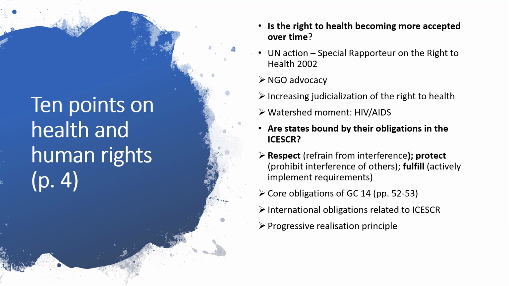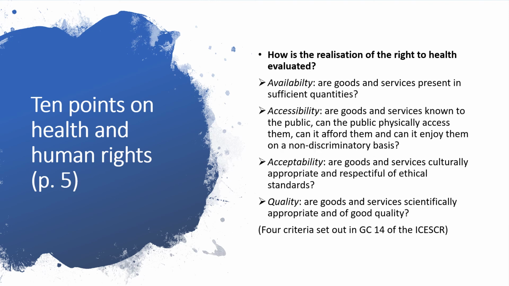It doesn't absolve states of fulfilling them, but it recognizes that it could take some time. It also calls upon states to seek assistance if they do not have enough resources, and it calls on international donors to support states in doing this.